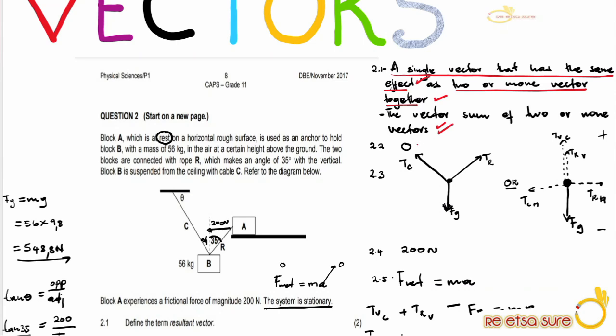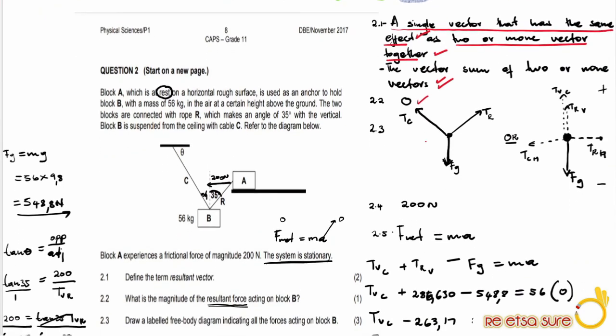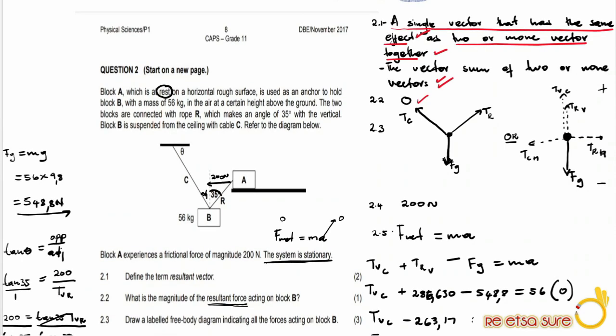And then obviously for 2.2, for writing 0, you will get 1. And then 2.3, for drawing the free body diagram, obviously 3 marks. You will get 1 for TR, 1 for FG, 1 for TC.